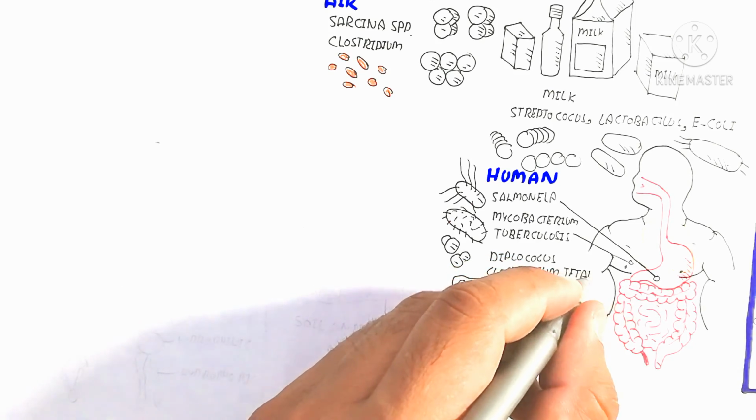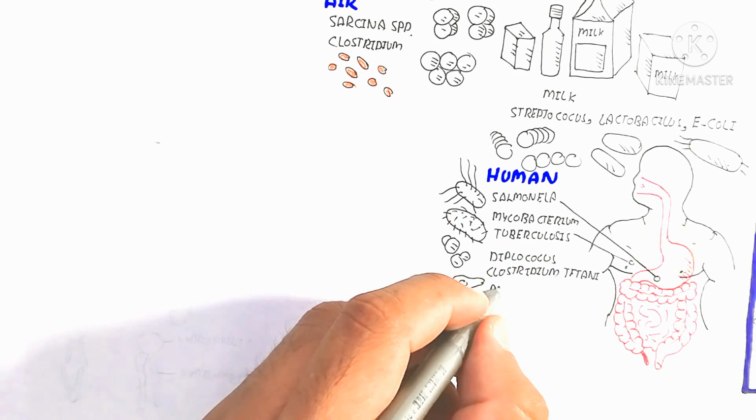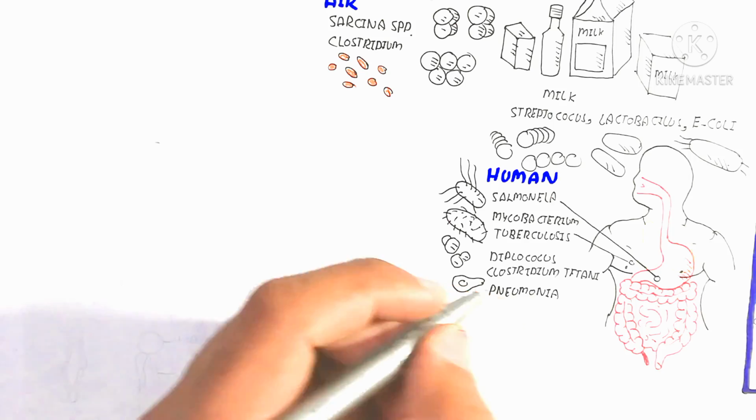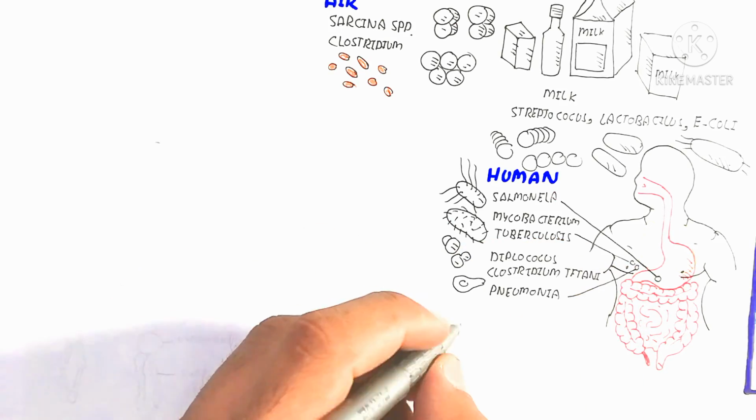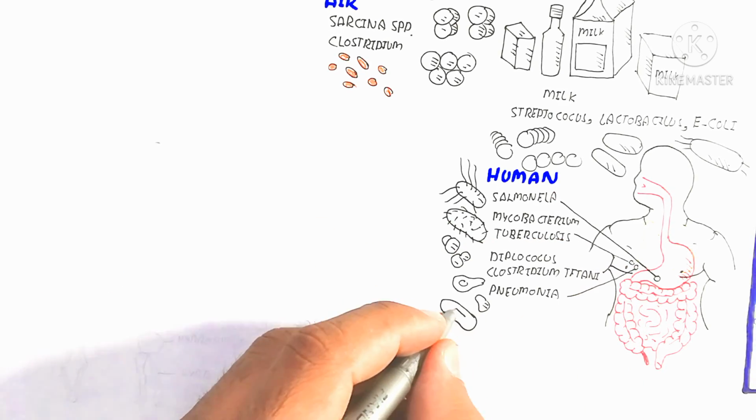On the other hand, plants also contain different types of bacteria, and soil also contains different types of bacteria.